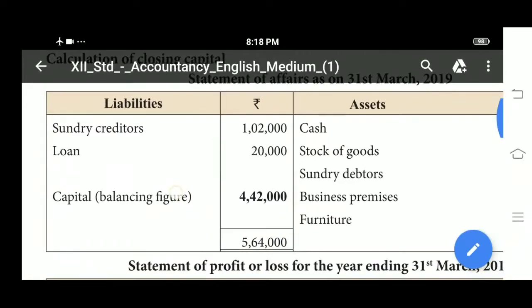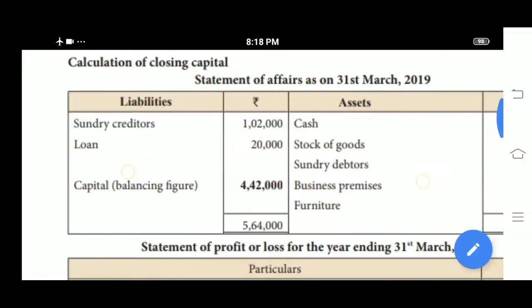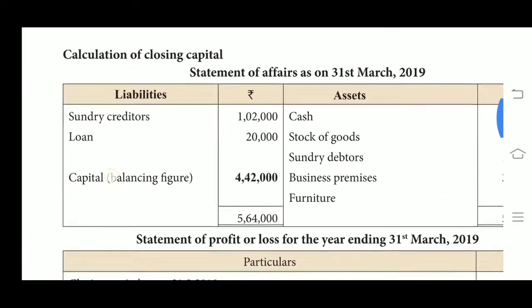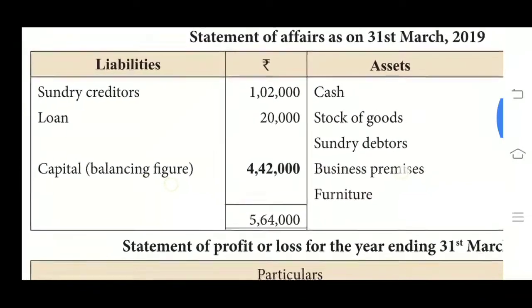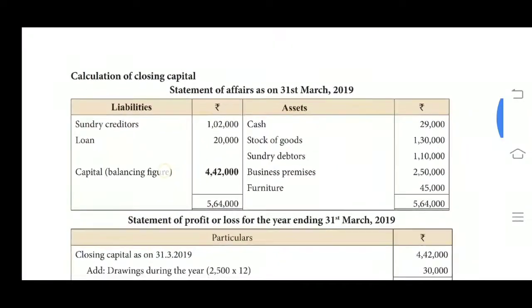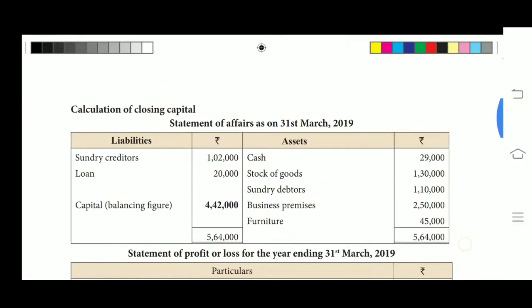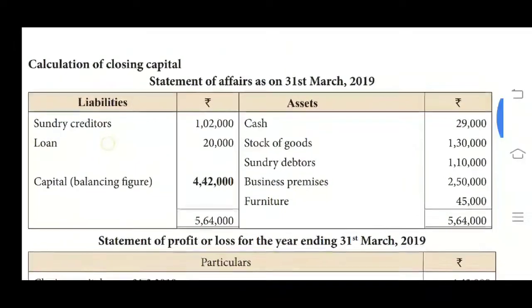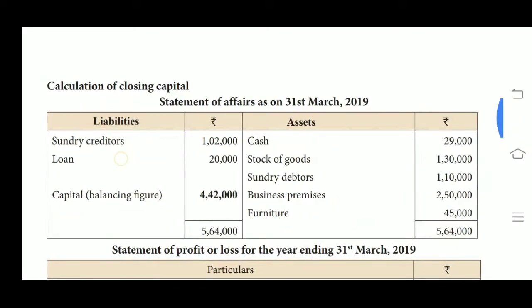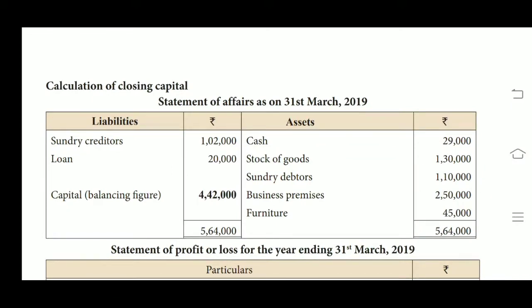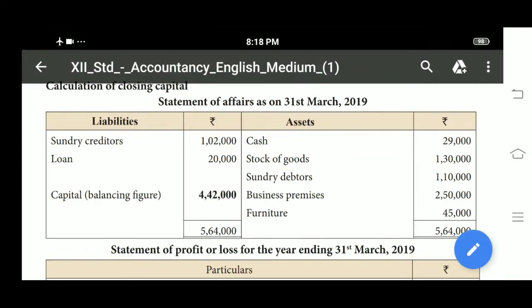So first total the asset side value. The total value is 5,64,000. The same value represents both sides. Already two capital values are found, and the last step is to ascertain the profit or loss.